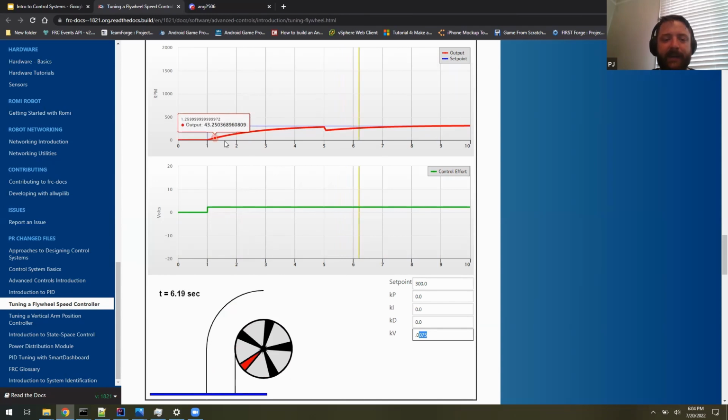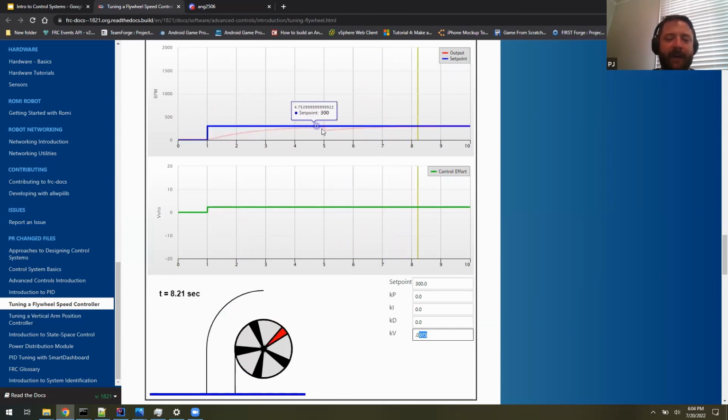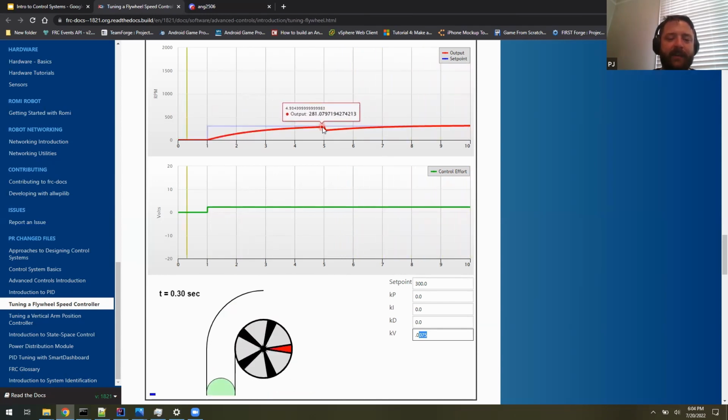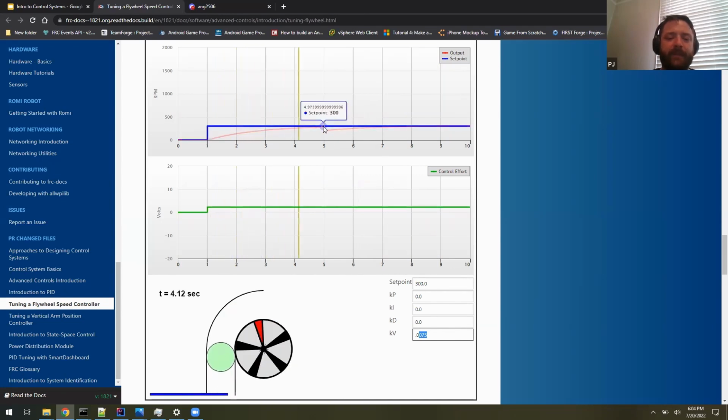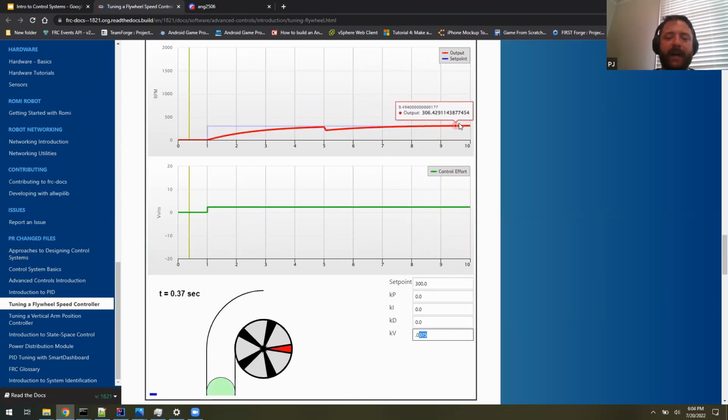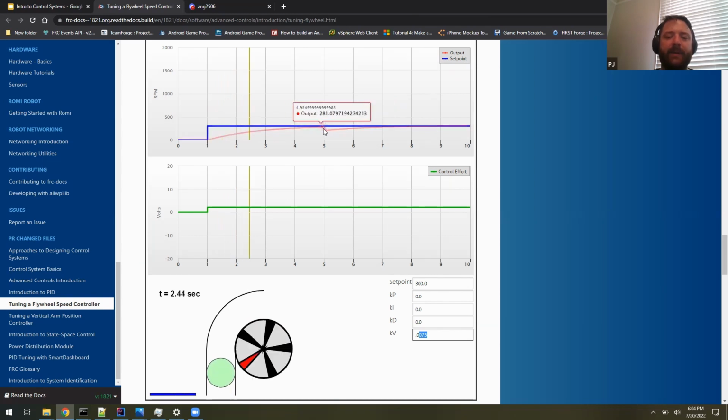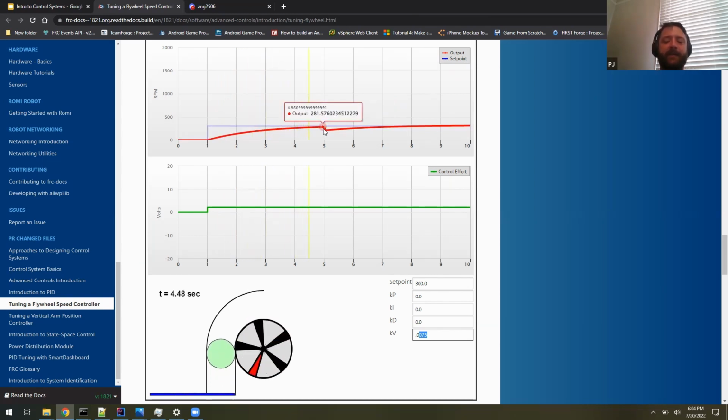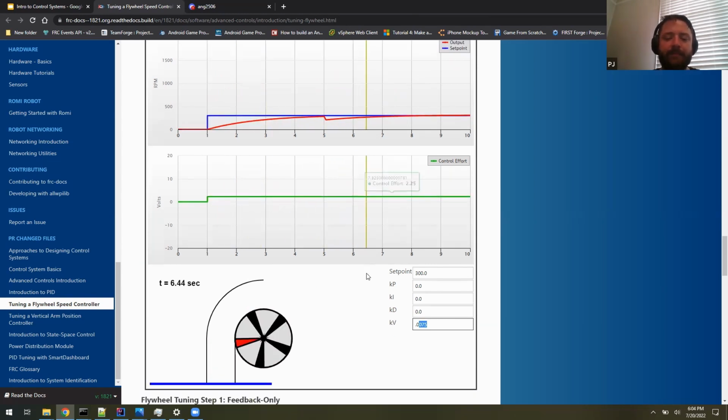We can see that it takes its sweet time getting there, but it finally gets a little bit short of the goal here. It hits a disturbance where the ball comes in, and then it's a little bit hot at the end there. But for the sake of brevity, let's call this good enough for right now.